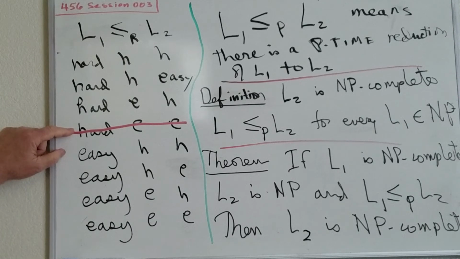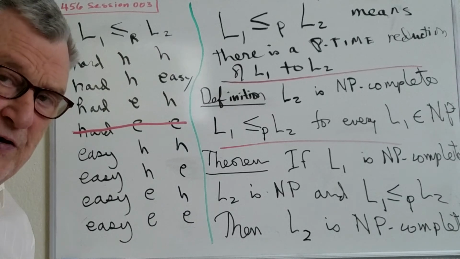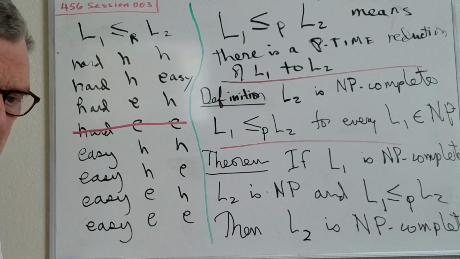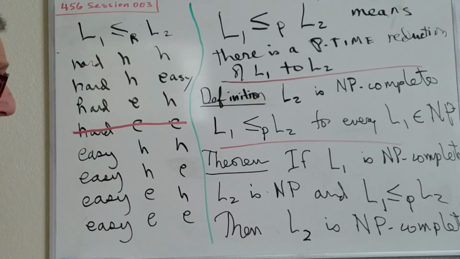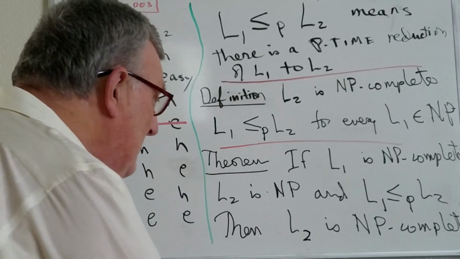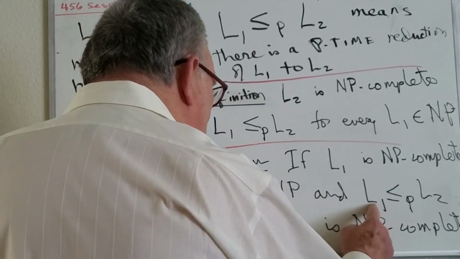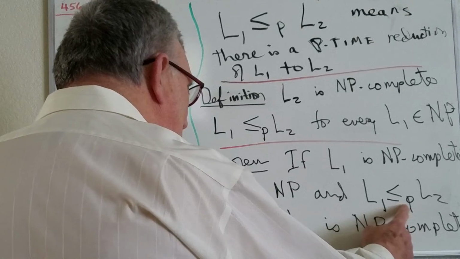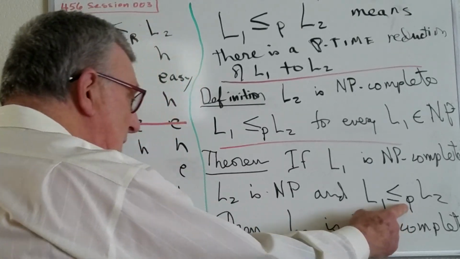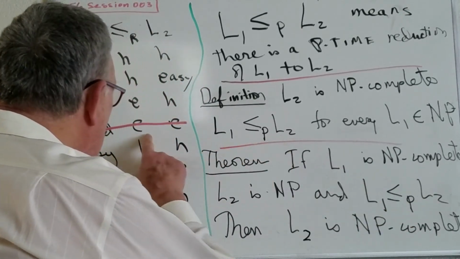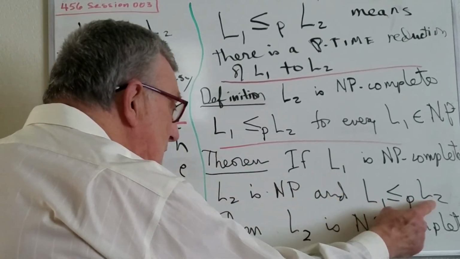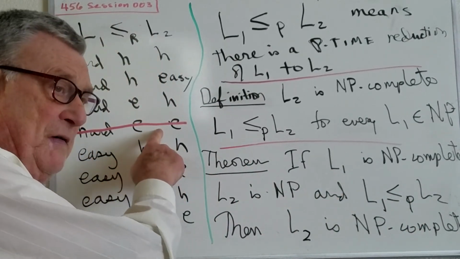We're going to define easy to mean polynomial time. And that could be a function, or that could be a language. And we're going to define hard to mean NP complete. That would only apply to languages. So if we have that L1 is hard, and then polynomial is easy by my definition, then it is impossible for L2 to be easy because of this fact.